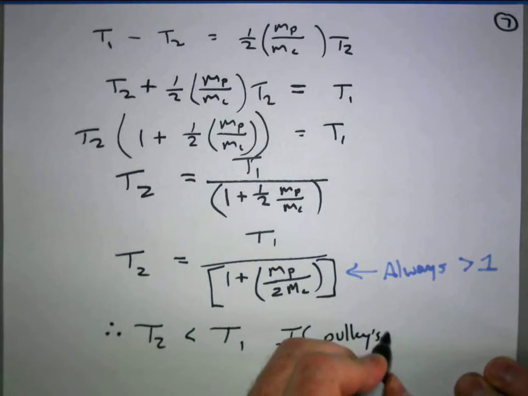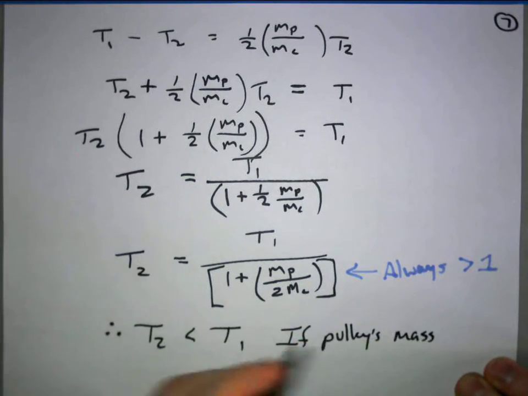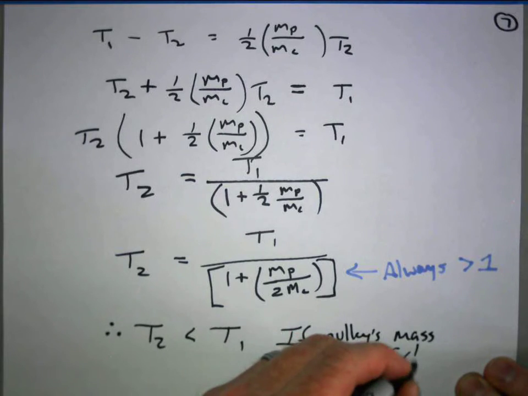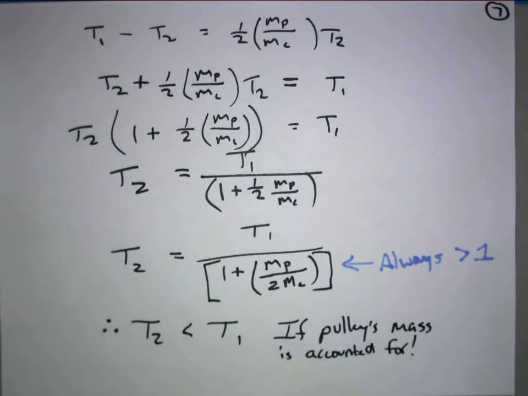I'll write that down. If the pulley's mass is ignored, or if we consider just an ideal pulley, then T2 would equal T1.